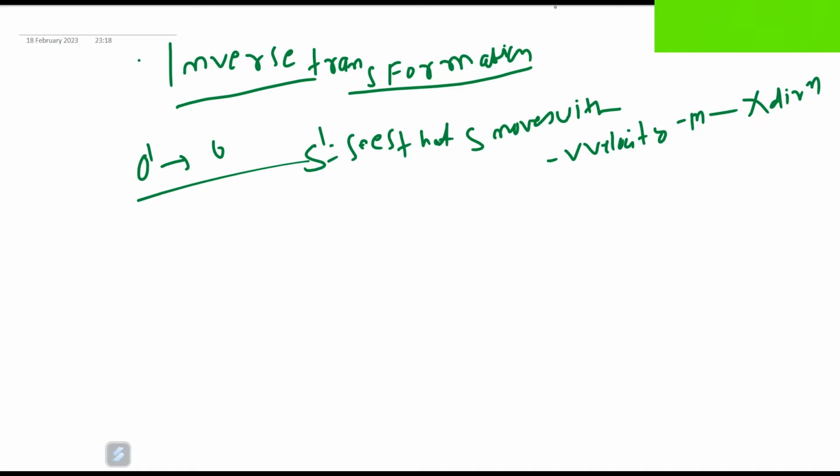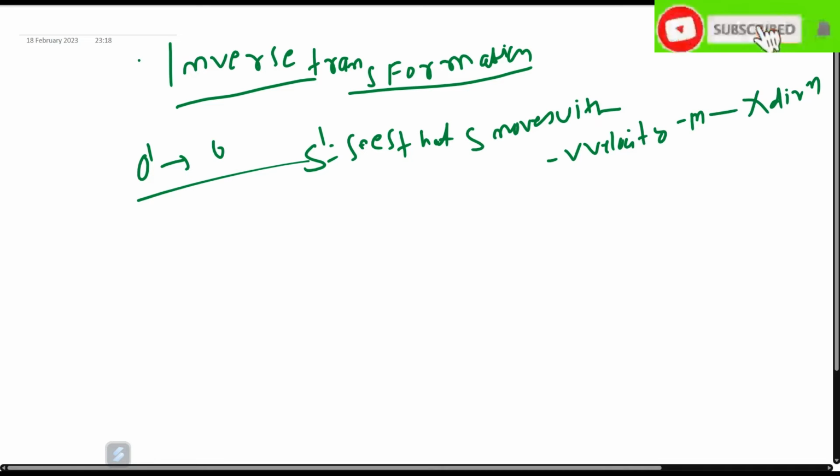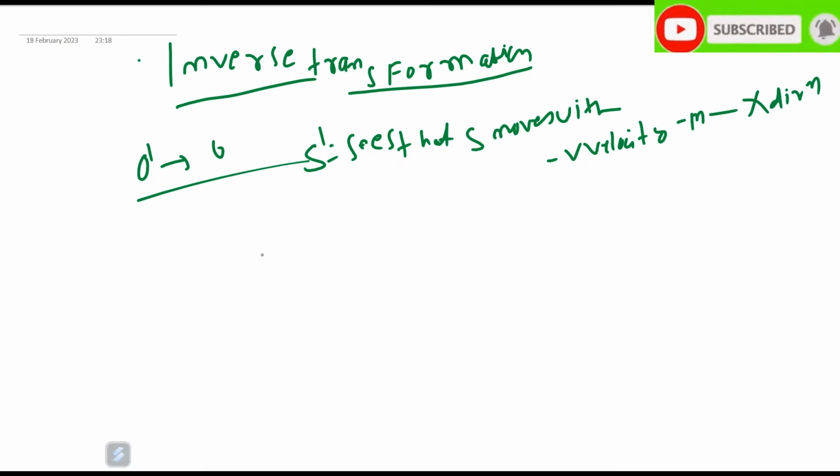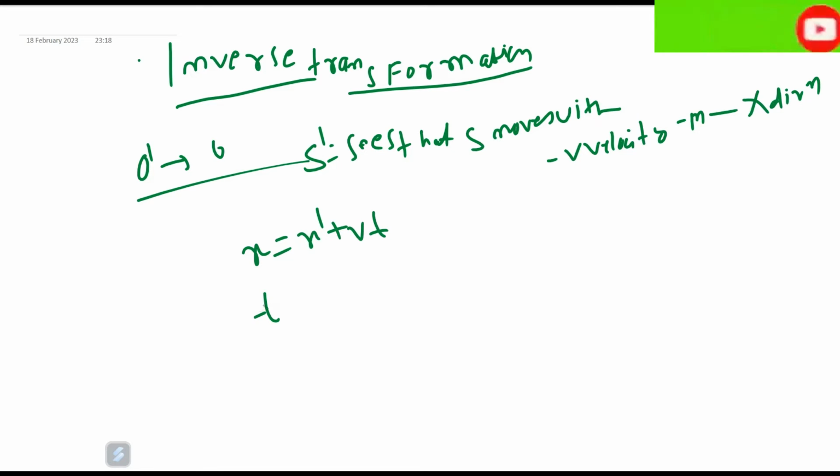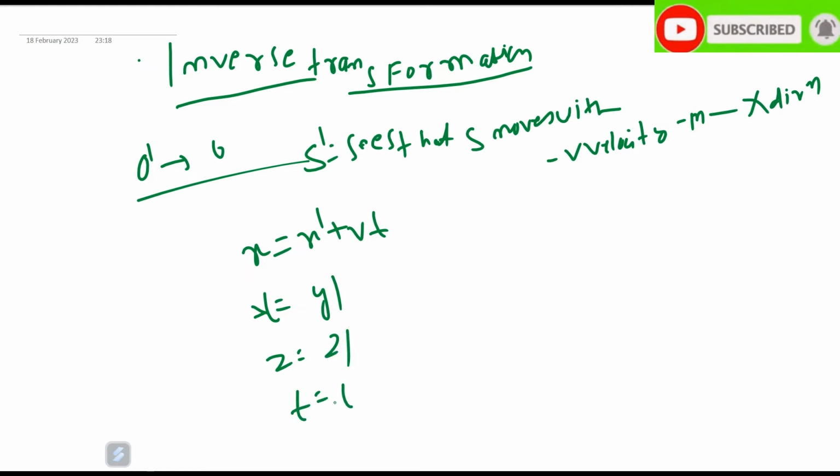So what will be our transformation equation in that case? It will be x equal to x prime plus vt, y equal to y prime, z equal to z prime, and t equal to t prime.